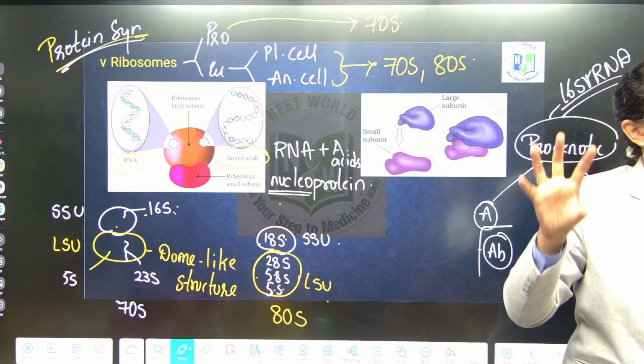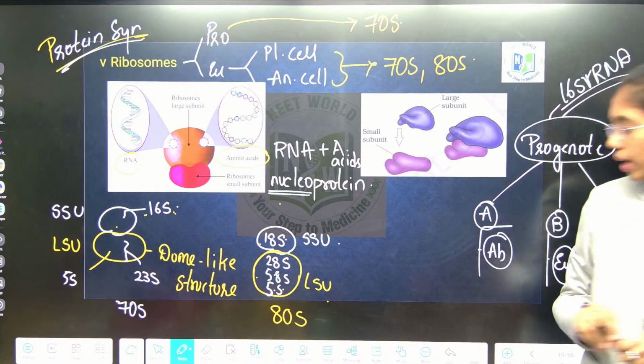Now we will discuss eukaryotic cell ribosomes, plant cell.